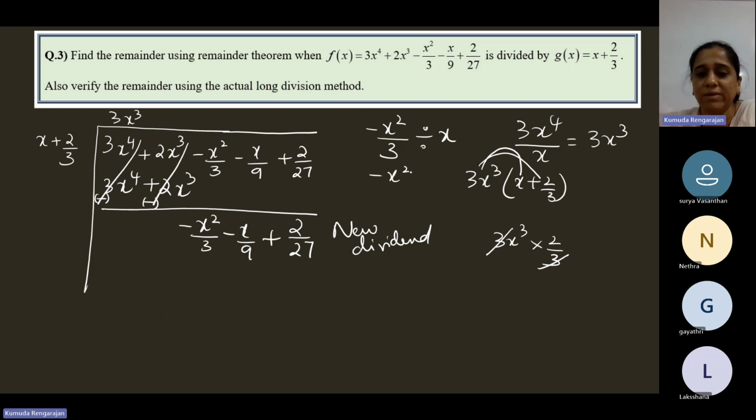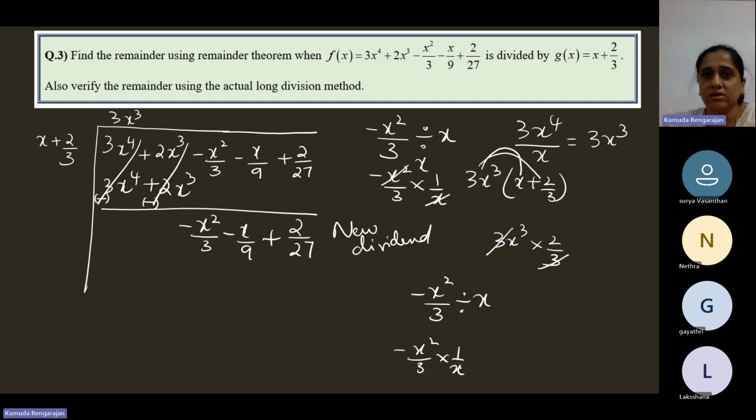So it's minus x squared by 3 into 1 by x, so it's minus x by 3. So minus x by 3 is the second term in the quotient.